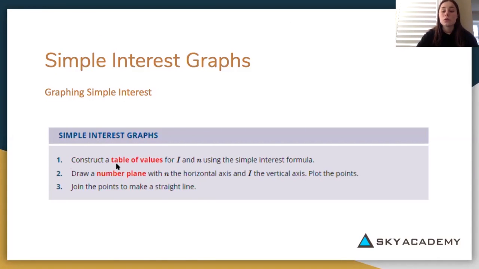Firstly, you make a table of values for I and N. N would be your x-axis, the horizontal axis, and I, or the interest earned, would be the y-axis, which is the vertical axis.